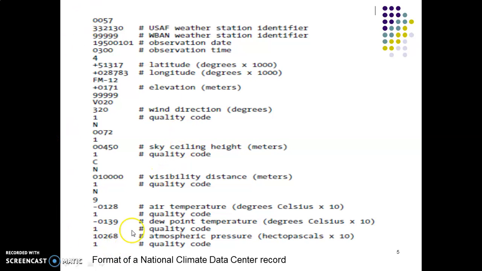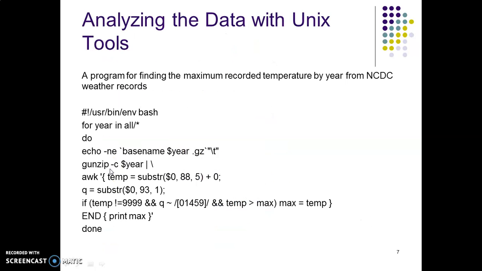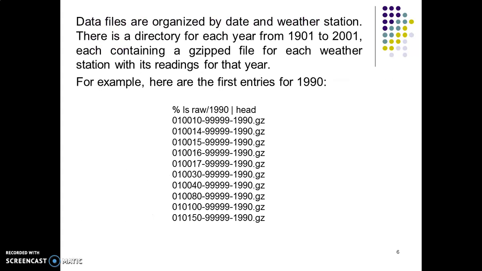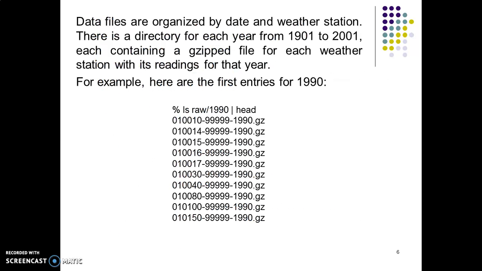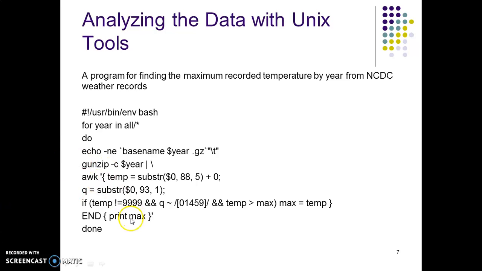All this information will be in the form of one message, and the number we are giving here, 88,5, is the place in that particular message of that particular string. Then 93 and 1 is used for fetching the temperature, that is the year value in that particular year.